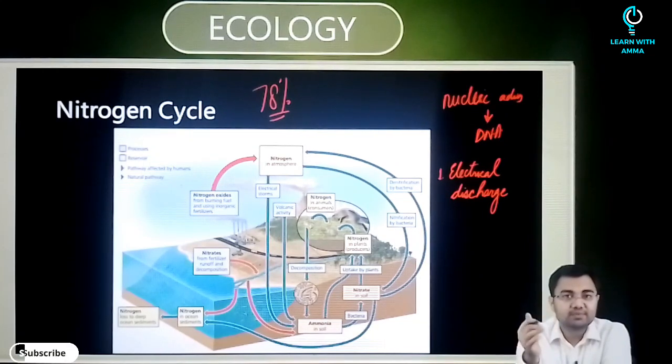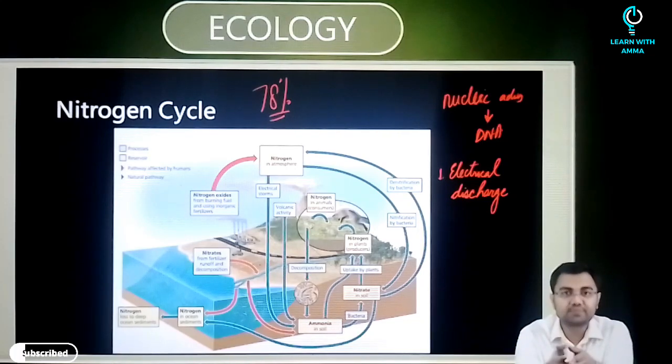And the second takes place in the aquatic systems, in soil, and in the roots of some plants, where specialized bacteria called nitrogen fixing bacteria complete this conversion as a part of the nitrogen cycle.